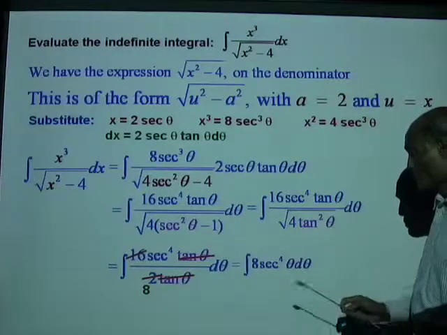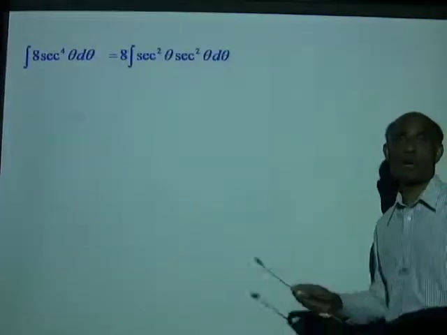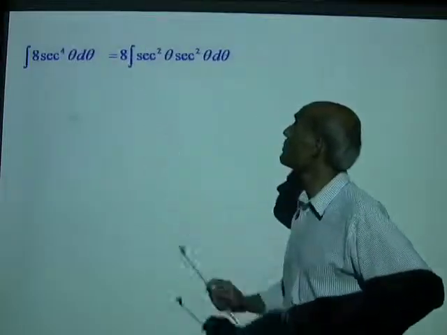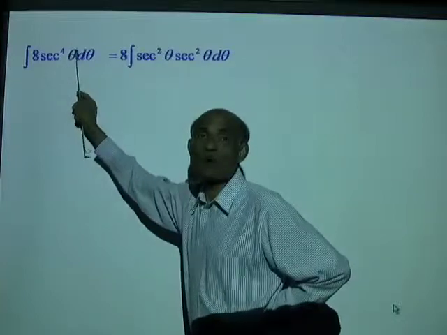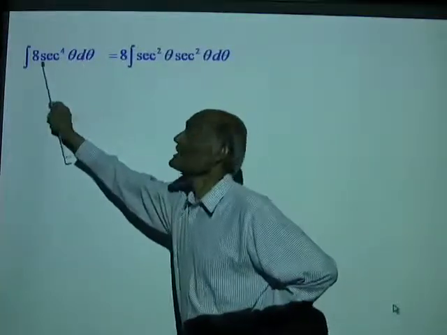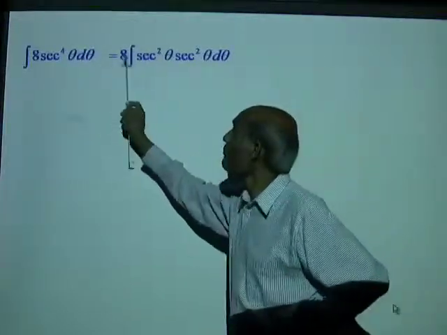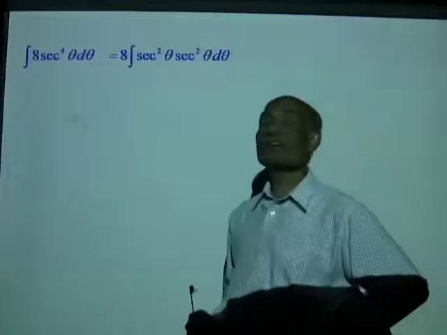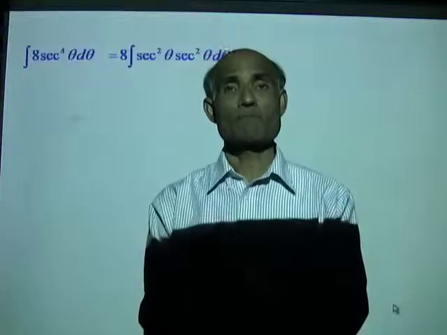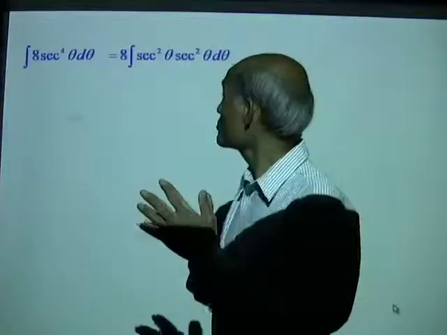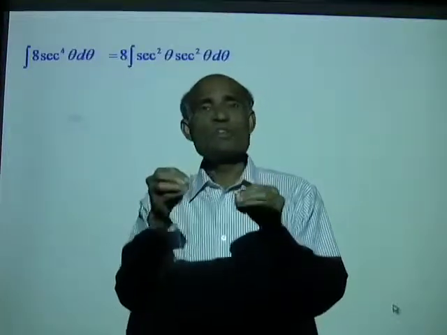Well, now the question is, how do we integrate that? 8 can come out. So let's try that. We have integral 8 secant to the power of 4 theta d theta. We take the 8 outside and split the secant to the power of 4 theta as secant squared theta times secant squared theta. Why did we do that? Well, remember, in order to integrate, say, secant something, you need to have a tan.